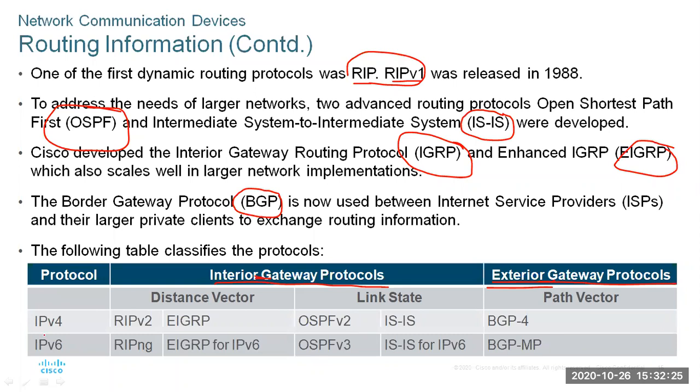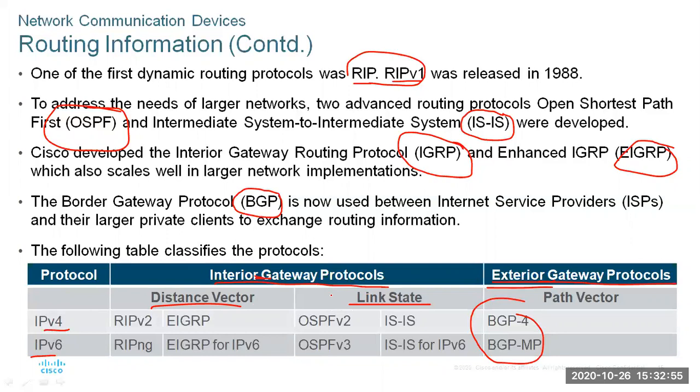Now we have both IP version 4 and IP version 6, and they apply for both of these. Now within the exterior gateway, we have BGP. BGP is called Border Gateway Protocol, that you use to connect from your network to another network entirely. All right. Now within the interior gateway protocols, we have what we call distance vector, and we have what we call link state.